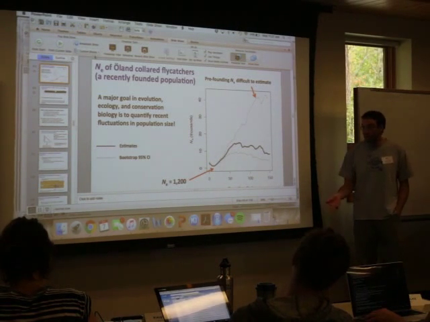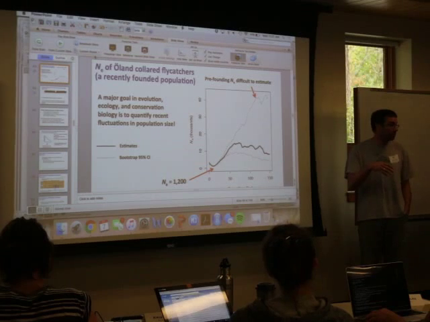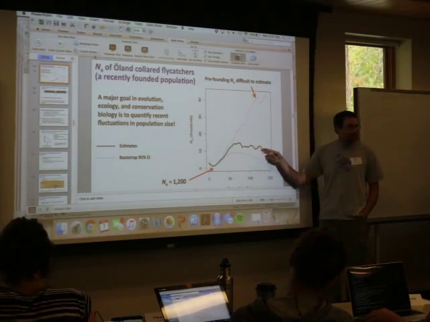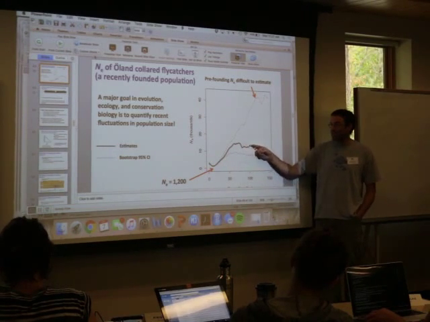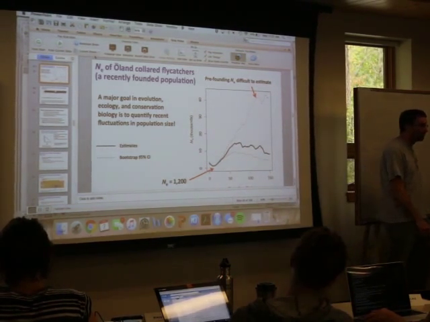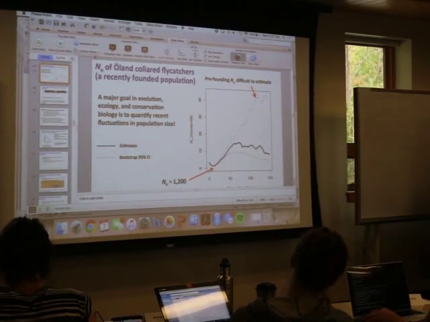The idea is to estimate NE using historical and contemporary samples from Gotland. I'll be interested to see if it's about this big, because I think this is an estimate of NE for the source population. So it would be cool to do that, and I think it would help, definitely.